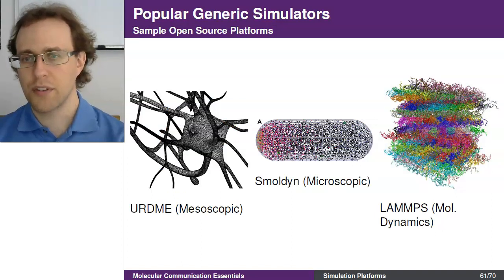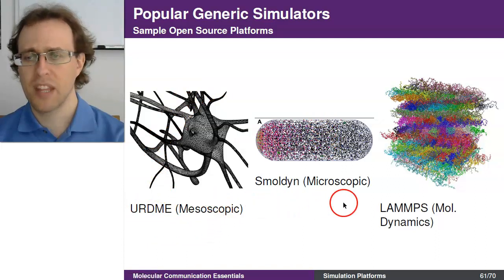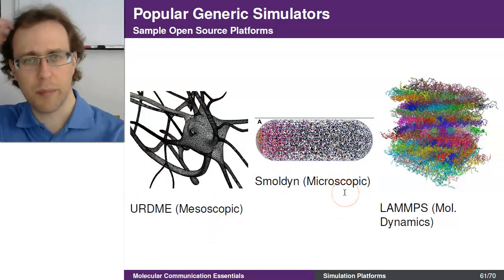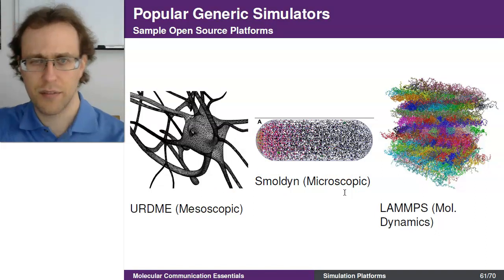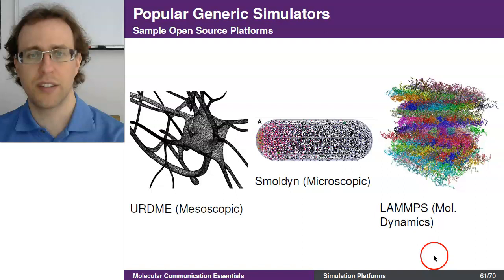The approaches that are more at a mesoscale or microscale tend to be open source. A few you might be interested in checking out include ERDME, which is mesoscopic, Smoldyn, which is a very popular microscopic approach with a lot of use cases, and also LAMMPS, which is a molecular dynamics approach.